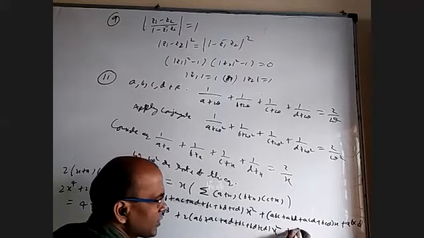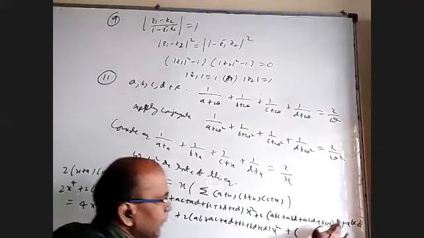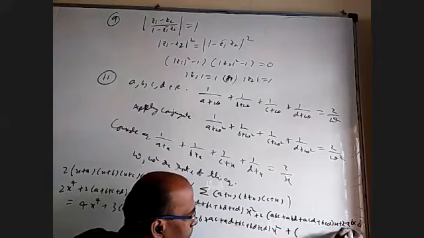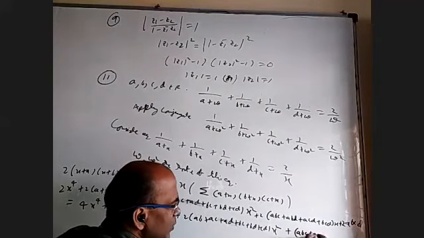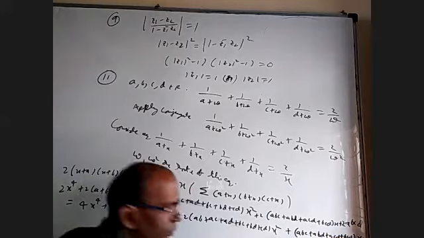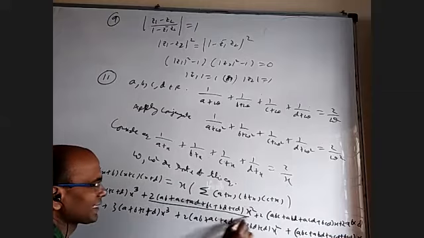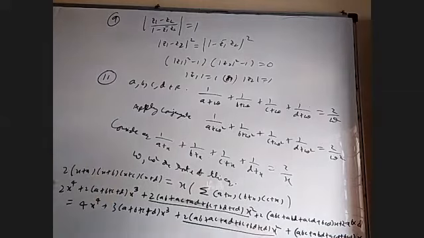That is again same as this, but there is a 2 here everywhere: abc plus abd plus acd plus bcd into x. Okay, some people may not be able to see some part. The main point is x square term is getting cancelled.